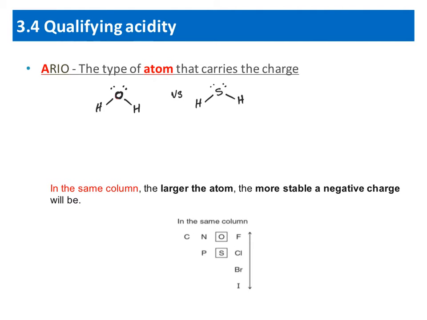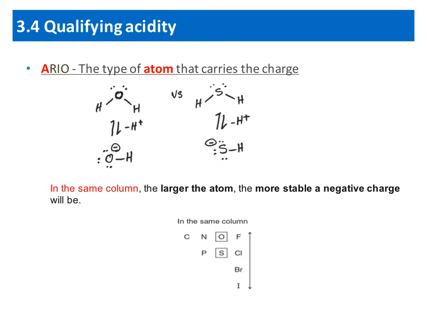So the first step is to draw their conjugate base. The conjugate base for water is this hydroxide anion, and here is the conjugate base of hydrogen sulfide. To compare these two anions, we have negative charge on oxygen here, and in this structure we have it on sulfur.